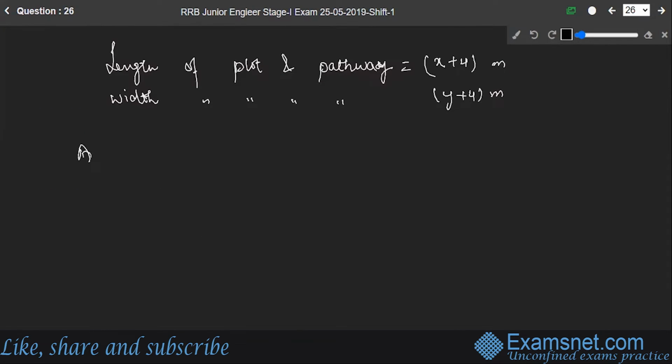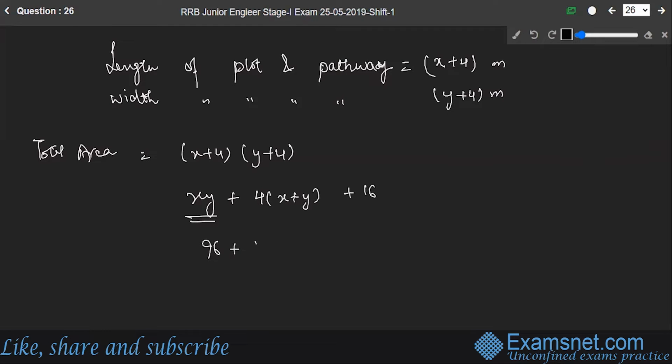So what will be the area, total area now? Total area will be given by x plus 4 into y plus 4, which is x into y plus 4 into x plus y plus 4 into 4, 16. This is 96, we know that. And x plus y, we don't have any information about it. So this cannot be solved because you don't know what x plus y is equal to.